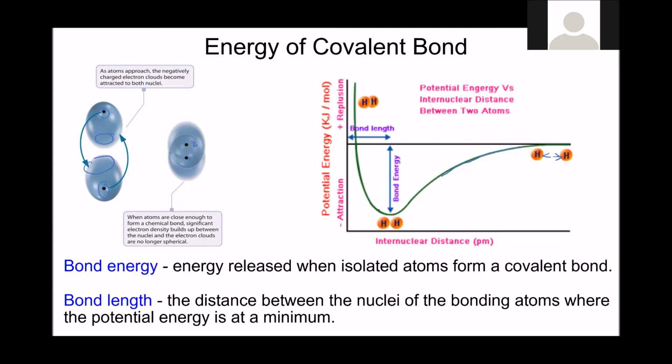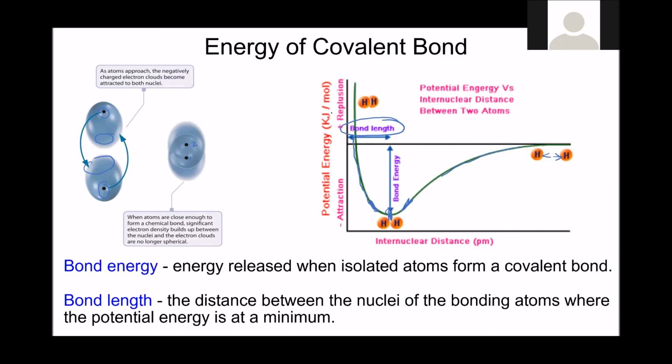Once this repulsion force is strong enough, it's going to start increasing the energy of the system, preventing the nuclei from coming even closer to each other. There will be an equilibrium position between the repulsion force of the nuclei and the attraction force of the electrons. That position here is actually the exact distance of the bond. So that defines the bond length in that case.